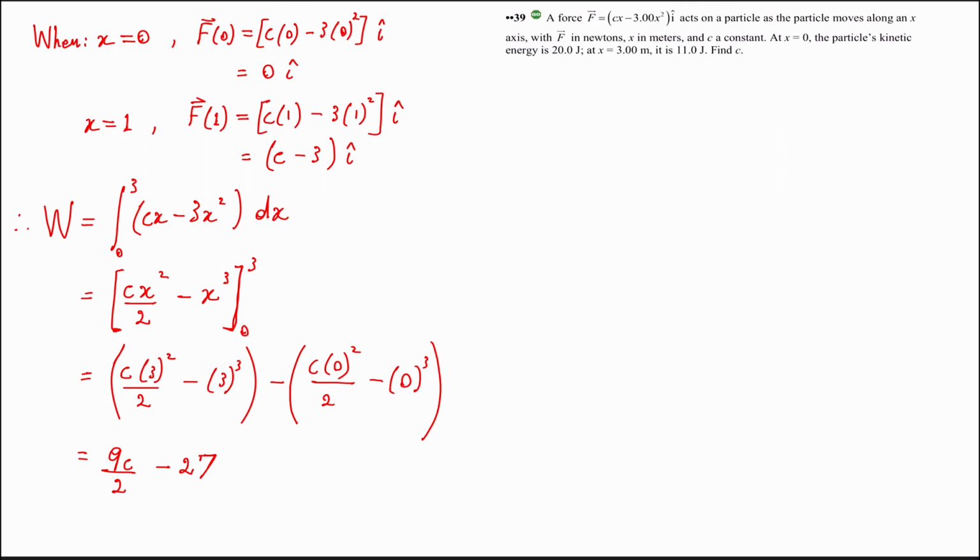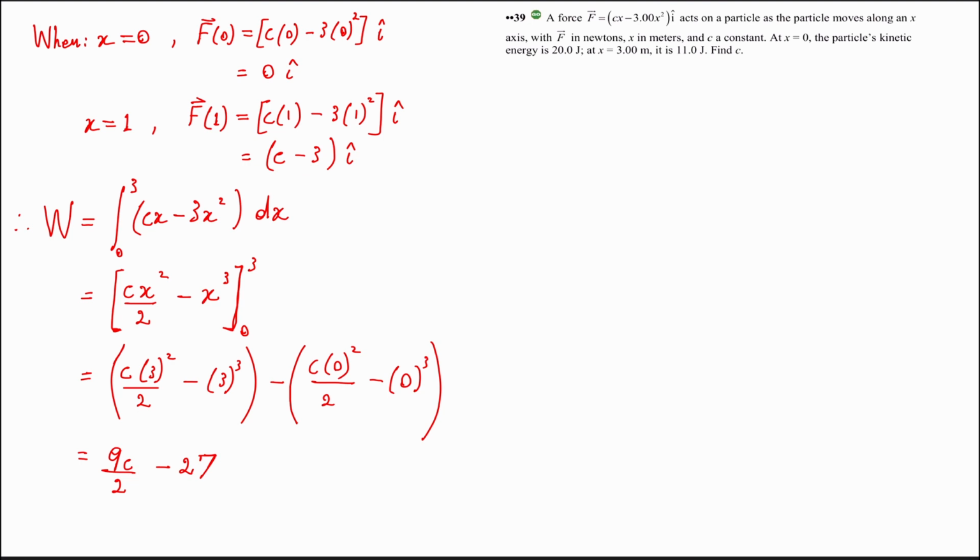But what about when x equals 1 meter? We substitute 1 for every time we see x. Notice what we obtain: the force is no longer 0, but it's c minus 3. This is testimony that the force is not constant. When x equals 0, it was 0, but now x equals 1, it has also changed.